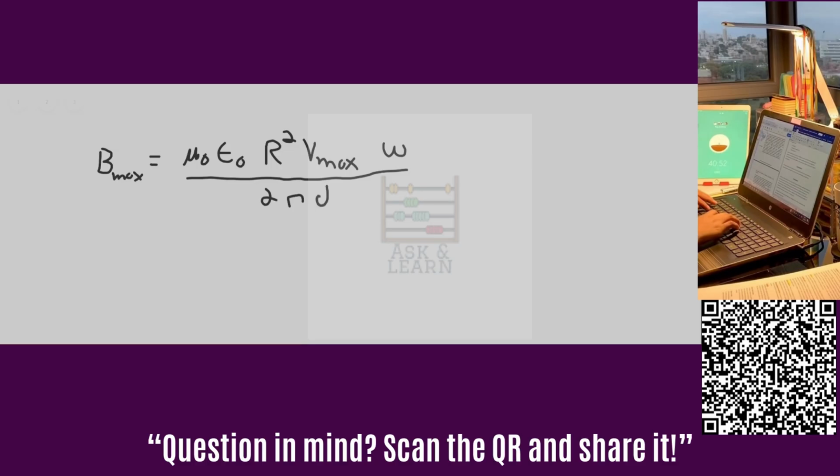So the only difference is this dependence here of 1 over r for r greater than R.